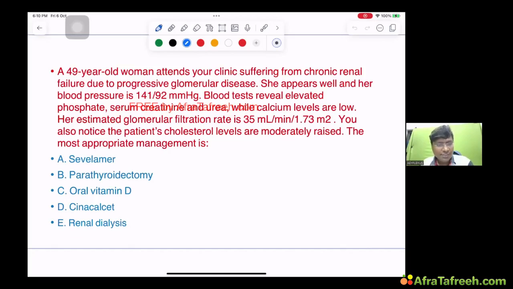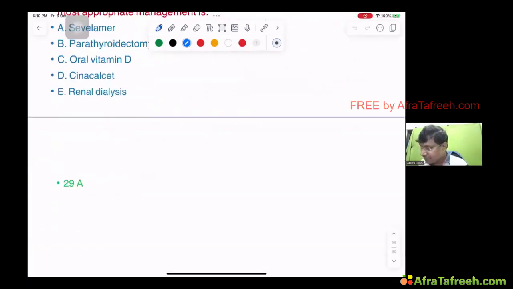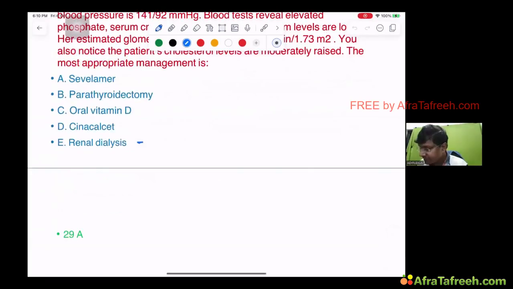Now, the options are sevelamer hydrochloride, parathyroidectomy, oral vitamin D, Cinacalcet, renal dialysis. When will you do renal dialysis in chronic renal failure? That is stage 5. So, in stage 5, we do this renal dialysis. Okay?